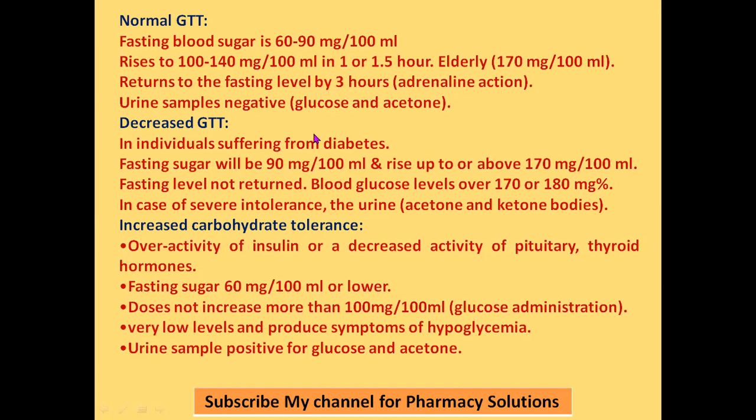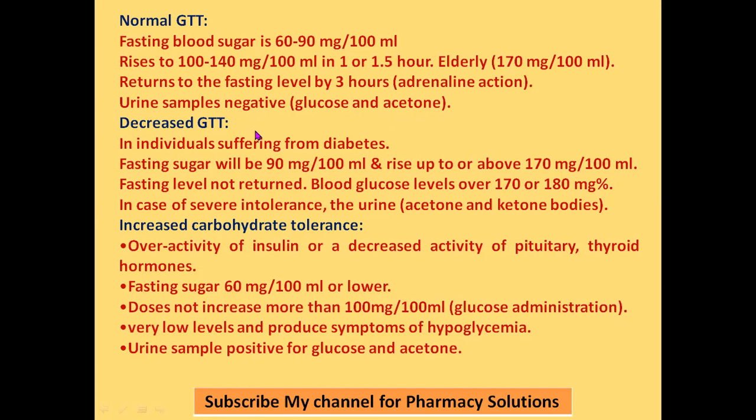Urine samples are negative for glucose, and the smell of acetone is not seen in the breath. So that should be negative. In case of decreased GTT, this condition is seen in patients who are suffering from diabetes.